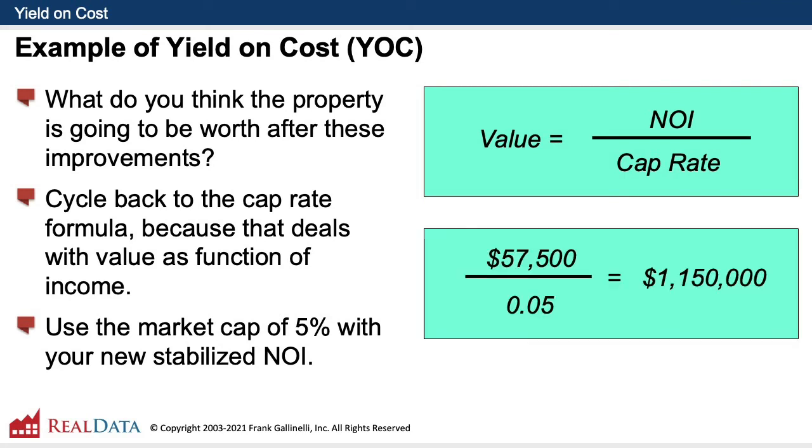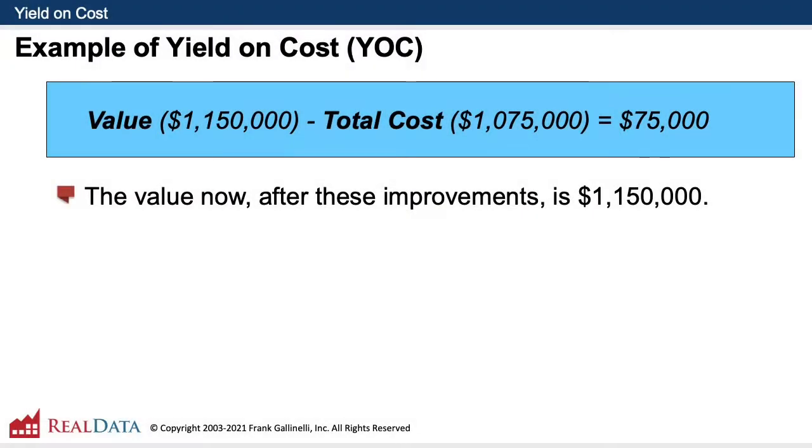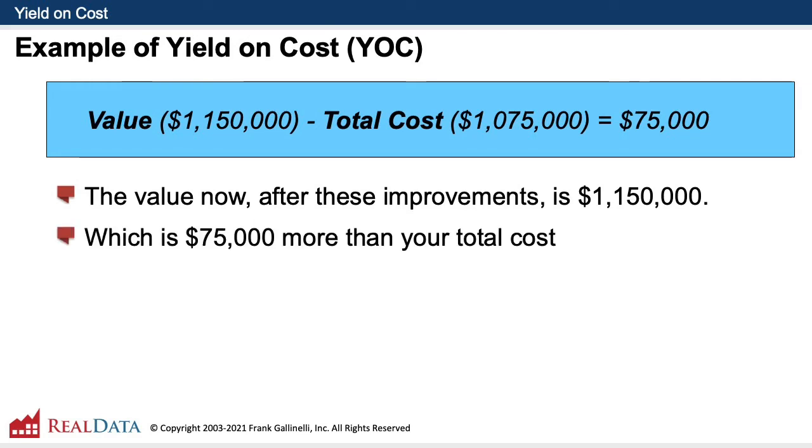Value equals $57,500, that's the stabilized NOI, divided by the market cap of 5%, for a value of $1,150,000. So its value now after the improvements is $1.15 million, which is, as you'll notice, $75,000 more than your total cost.